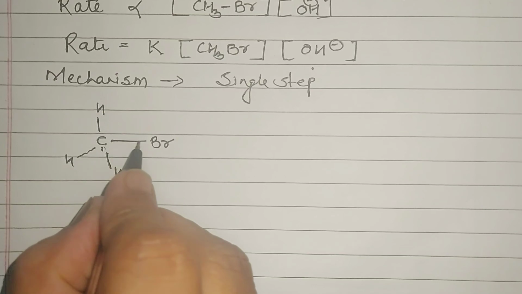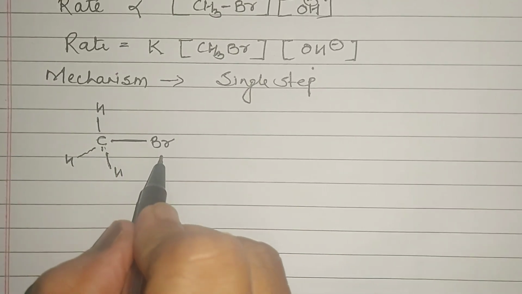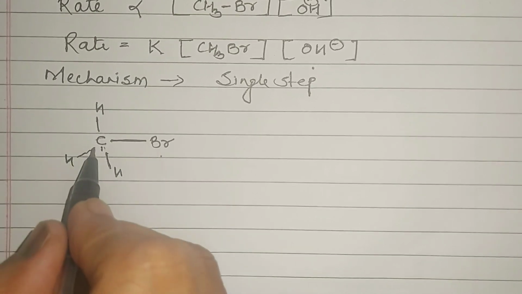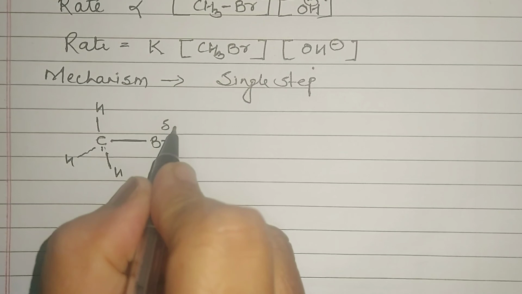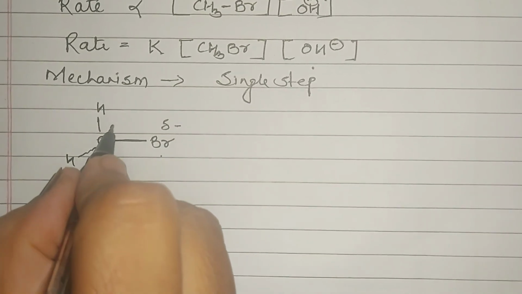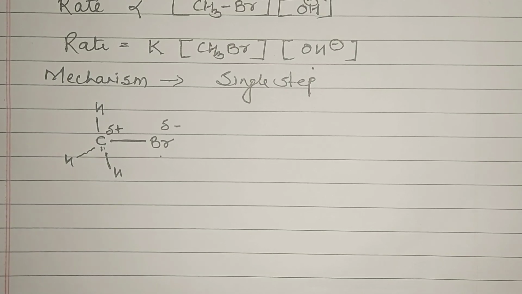This C-Br bond is a polar bond because Br is more electronegative than carbon, so Br acquires delta negative charge and carbon becomes delta positive.